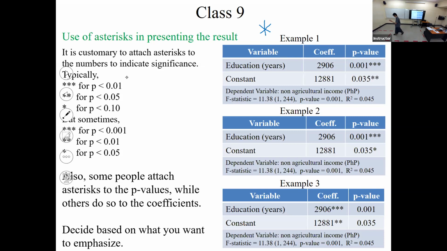The asterisk is your threshold, your standard, but readers may interpret it differently. You may not allow a p-value of 0.08, but readers may believe the result with a p-value of 0.08. So you have to allow readers to make their own interpretation. That is why, although it is common to put asterisks, you also have to show the actual number.